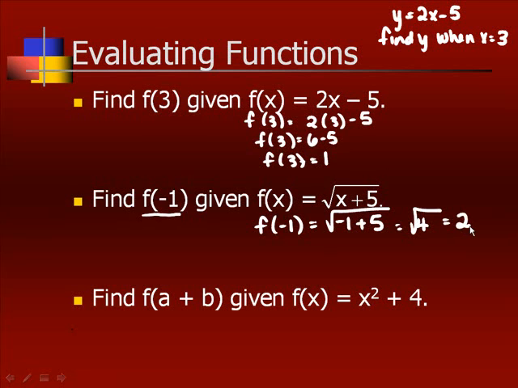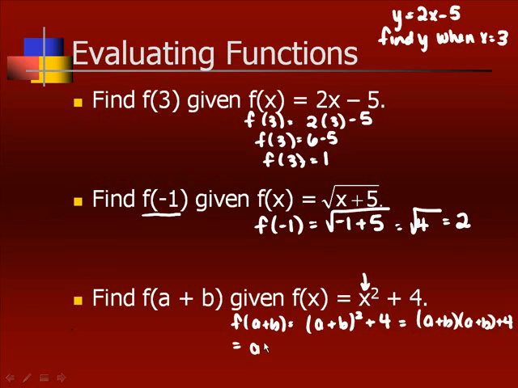Now, f of a plus b, given f of x is x squared plus 4, this one's going to require a little bit of algebra. f of a plus b means everywhere you had an x, we're plugging in a plus b. So we've got (a plus b) squared plus 4. Well, remember, (a plus b) squared means (a plus b) times (a plus b).